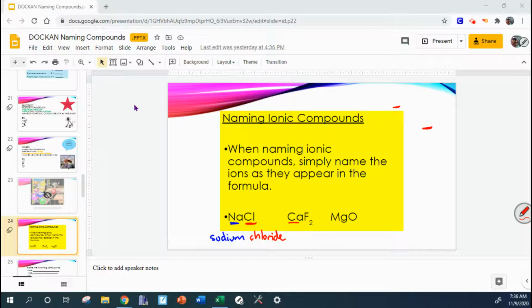Next one is a metal with a nonmetal, and this one would be calcium fluoride. Metal with nonmetal, this is an ionic compound. We have magnesium oxide.